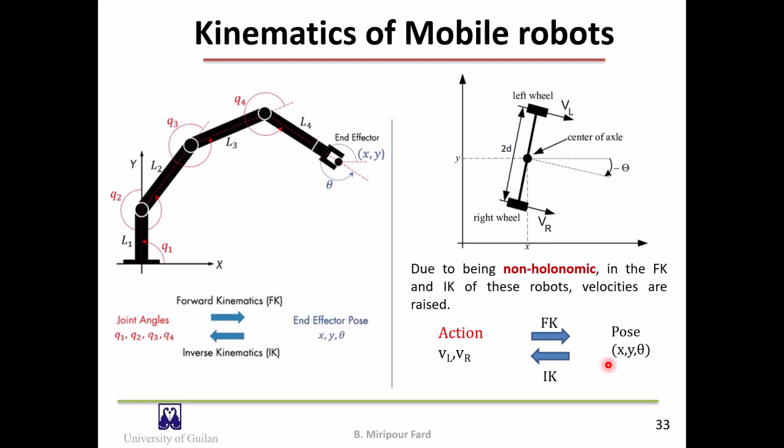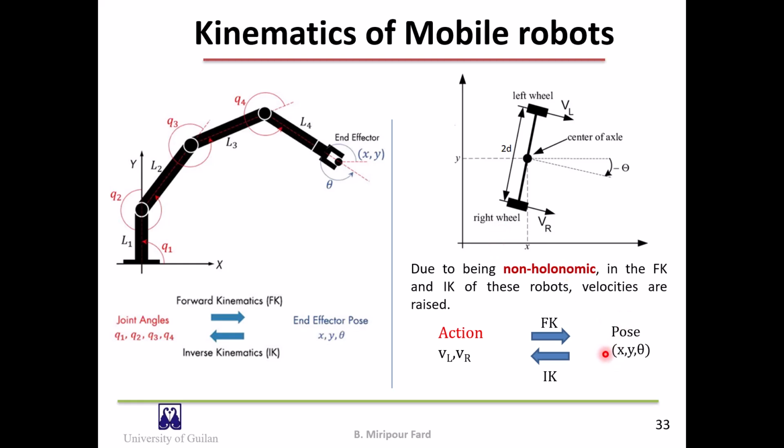In the case of the diff drive robot, as you can see in the slide, the right and left wheel velocities constitute the actions. VL and VR are the actions, with these actions, the robot will speed up and reach a certain pose.